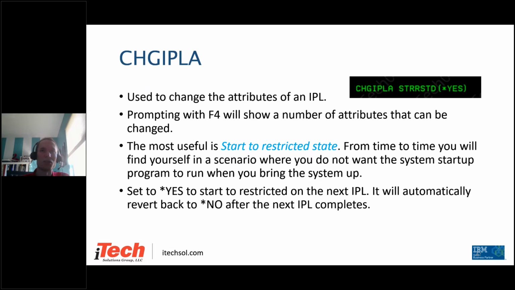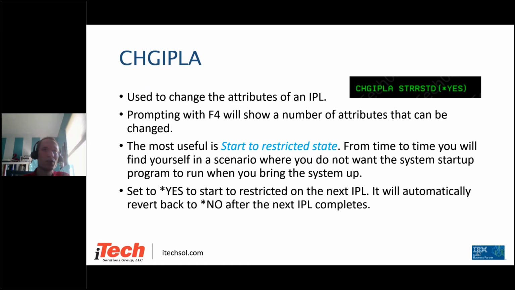Sometimes you'll have a scenario where you don't want the system to immediately start up upon restarting the system. Sometimes you want to leave it in restricted state to do something. You may need to reorganize some files after you restart it, or you may need to do the save after you have started it back up.